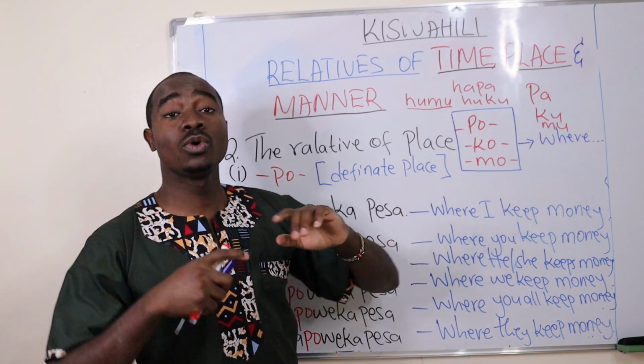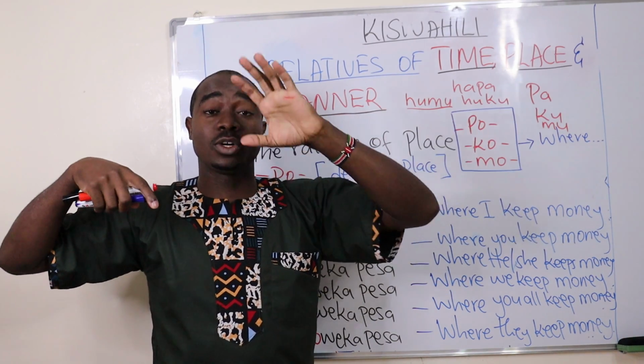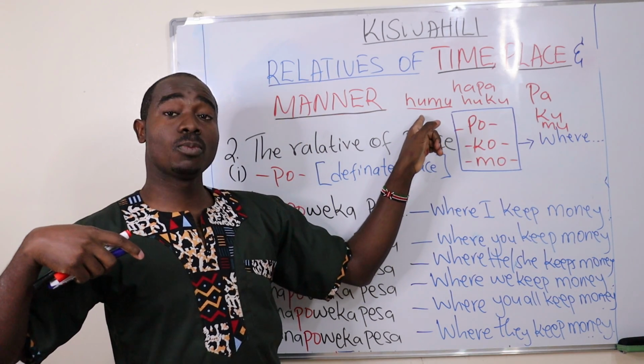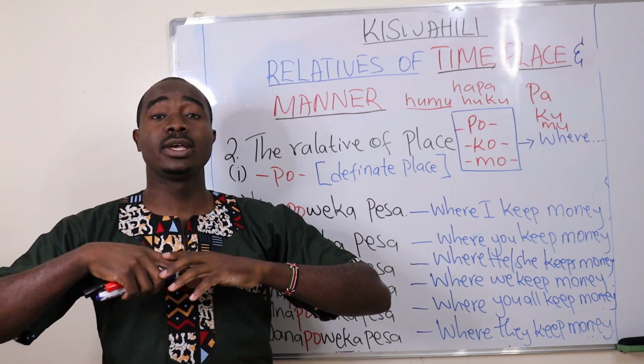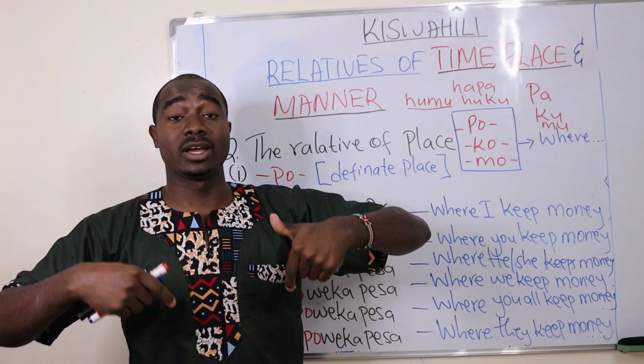Then huku, this side. Huku means here, but this side. Kuja huku, come this side. Then humu, inside here. Kuja humu, come inside here.